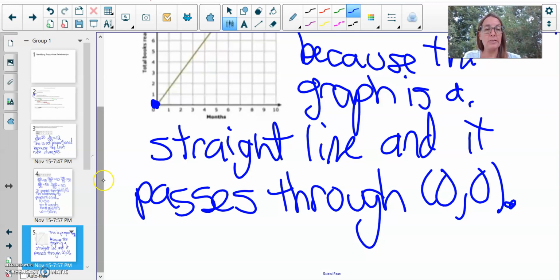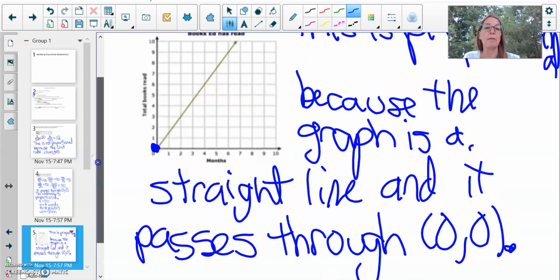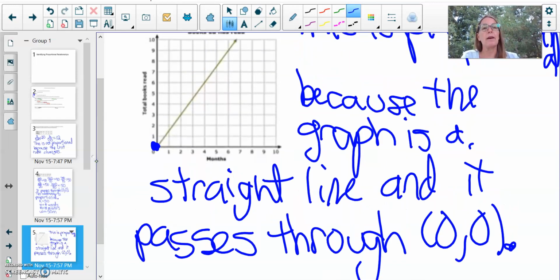So now my next job is to find the constant of proportionality. So my first thing would be to look at the unit rate when the x value is 1. But in this case, we would have to estimate. So that's not the best way to find the unit rate this time. So instead, I'm going to look for where the graph crosses perfectly through the grid.